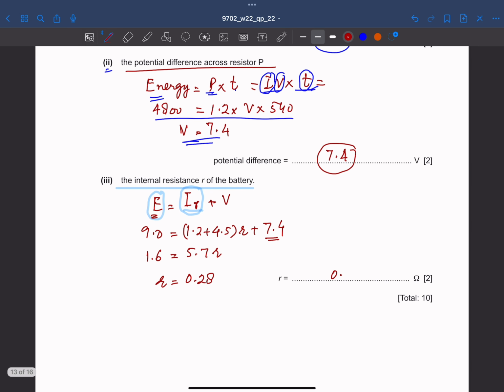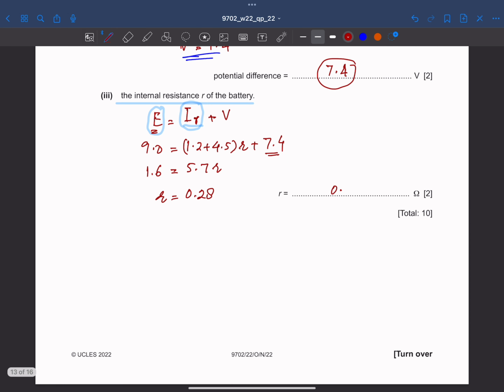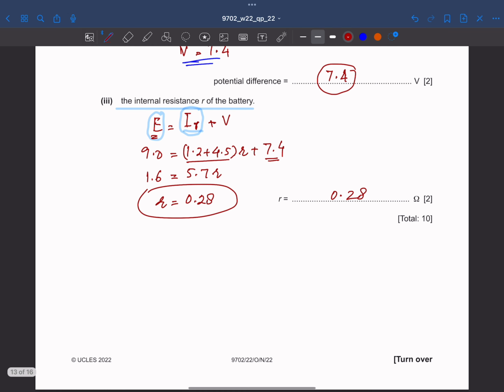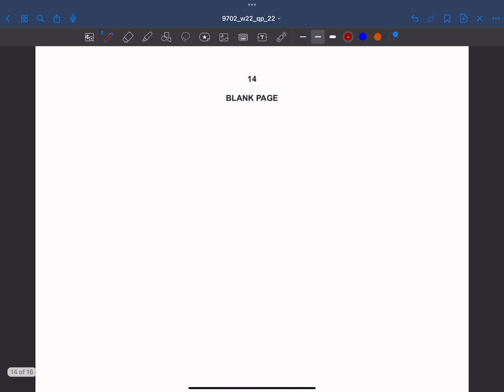So when you consider the total current going towards the R, you can say the total current I in this part of the circuit will be the sum of the current through P and through Q. So these two currents you add to get I, and using this current, very simply you can calculate the internal resistance, which is nothing but 0.28. So internal resistance is 0.28. You can calculate yourself as well, and of course this will give you practice as well.